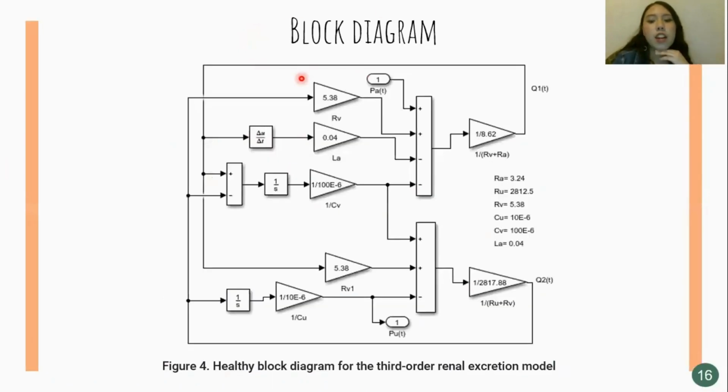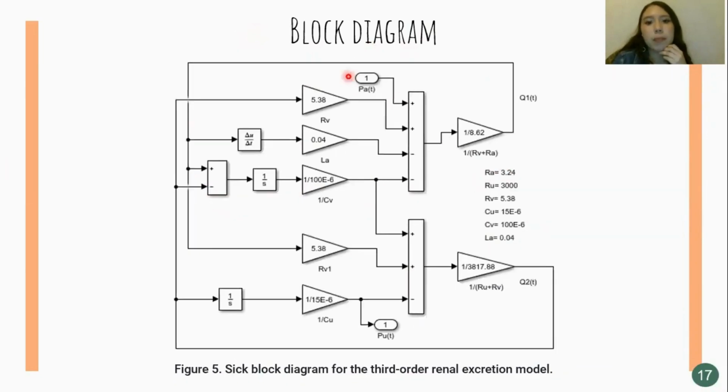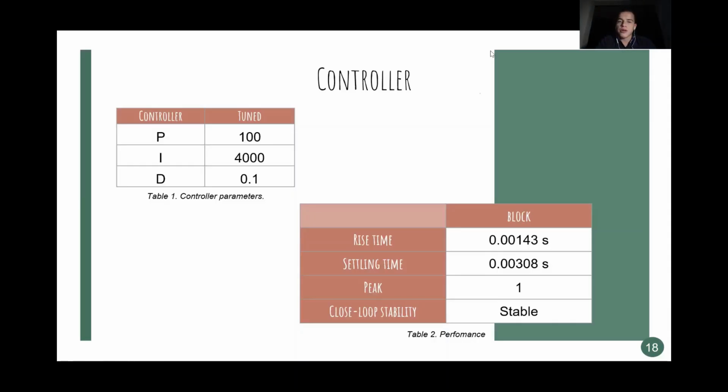In the healthy scenario, inside the block we have this integral differential structure, and these are the values. For the sick one, we have the same structure, and we only change the values of RU and CU.